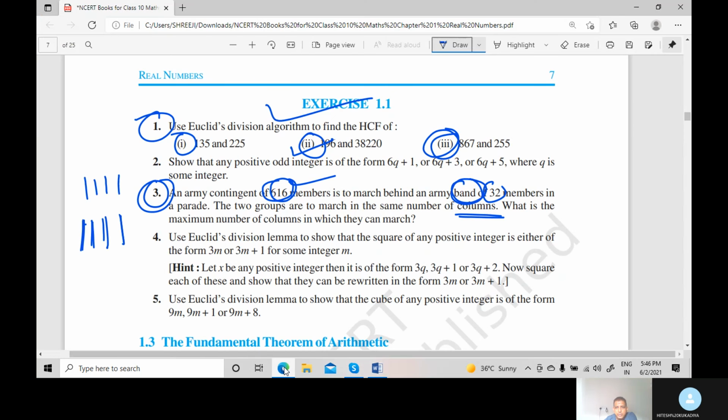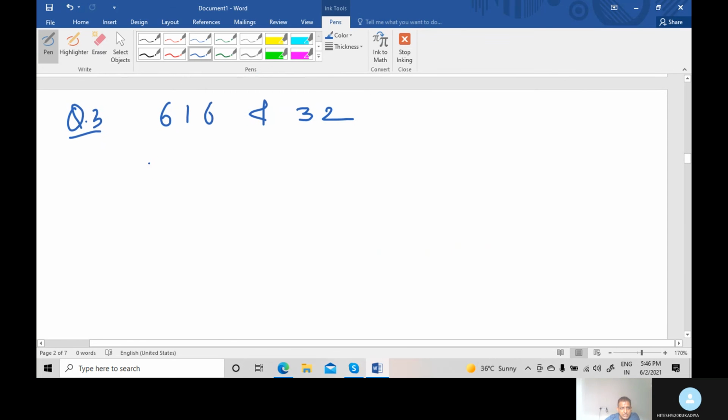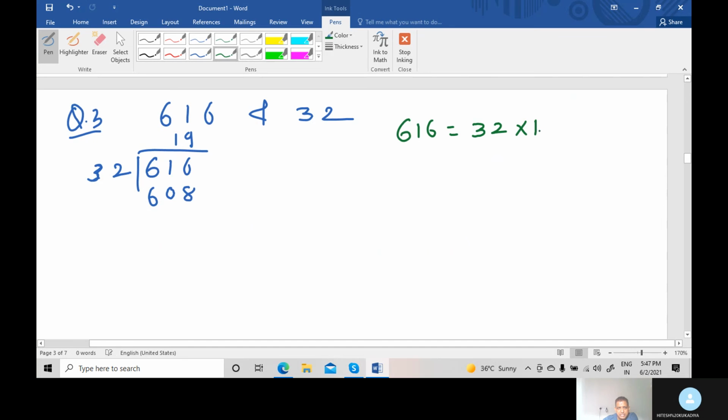Now divide 616 by 32. 32 twos are 64, if multiplied by 20 it is 640, so 19. 19 twos are 38, 3 carry on, 19 threes are 57 plus 3 is 60. Here 616 is the dividend, 32 is the divisor, 19 is the quotient, and the remainder is 8.